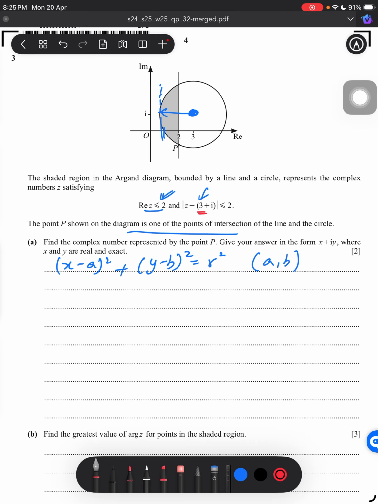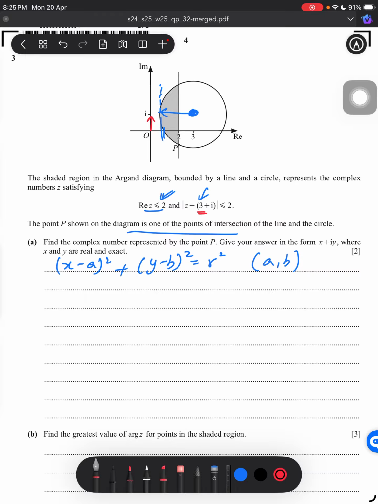And b is not given here, but we can check that the coefficient of i, this value over here, can be considered as 1.